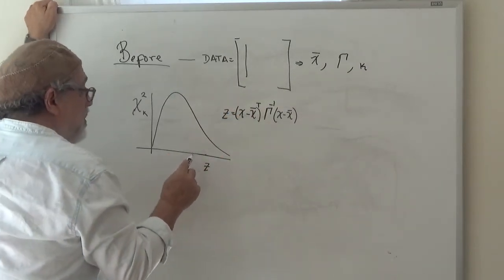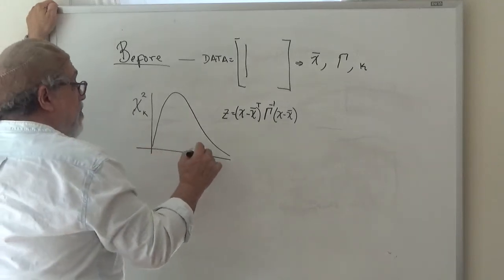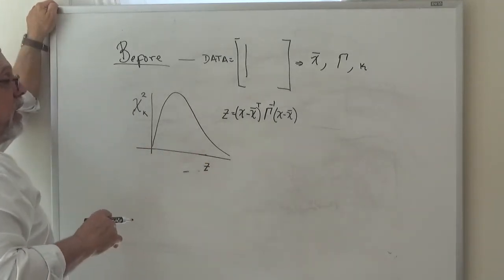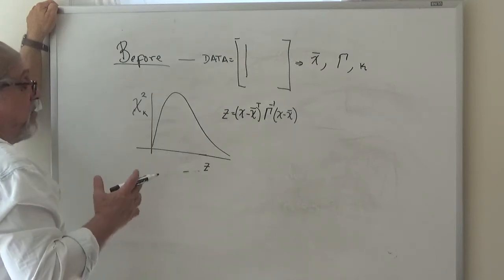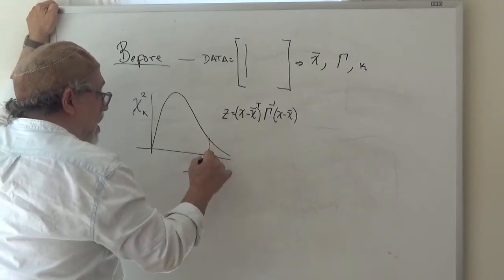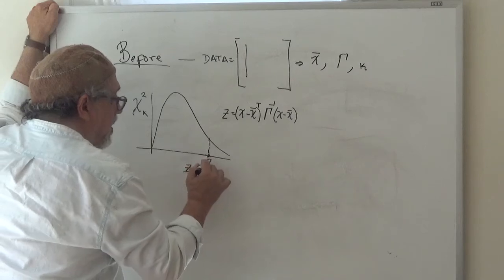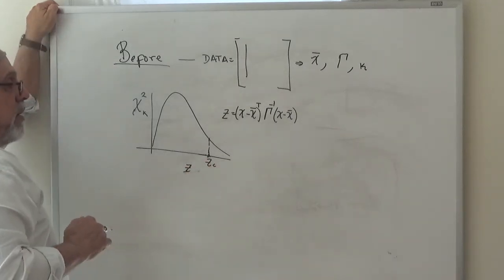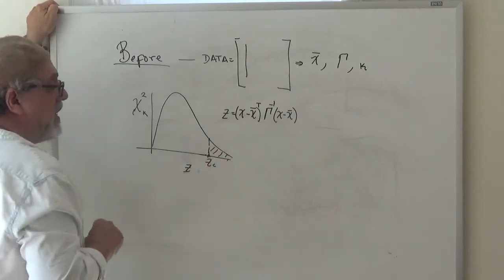And then what we simply say is, if the z is bigger than some z critical, then we say that that's very unlikely because there's very little probability left.